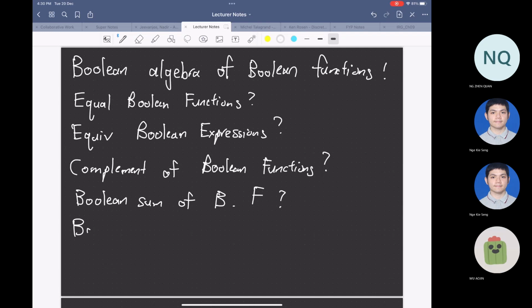And then we also can talk about the Boolean product of Boolean functions. Okay. 4:30. Let me see how we finish. Okay, let's keep going first. Okay. So from the Boolean functions, we can build another algebra using Boolean functions. Okay, make sense?